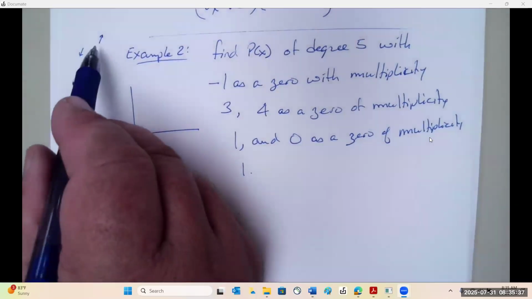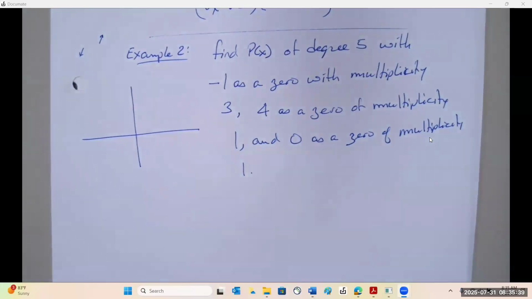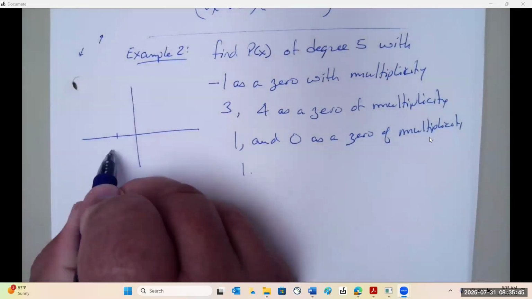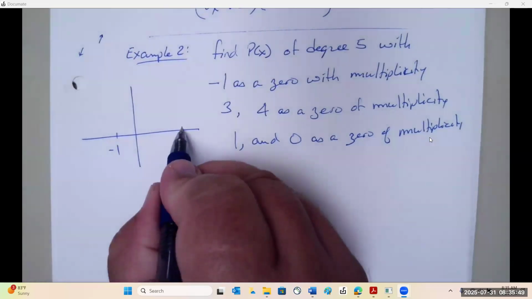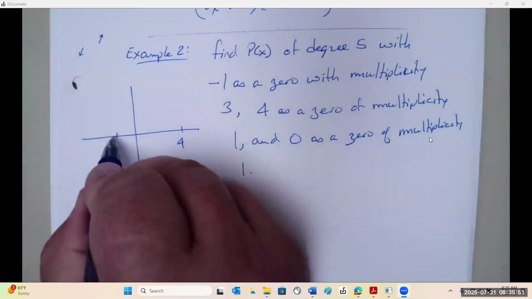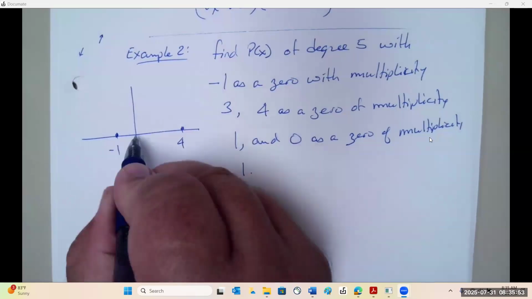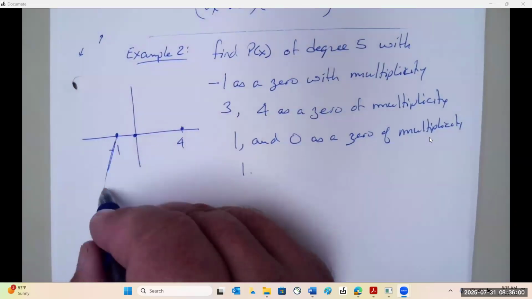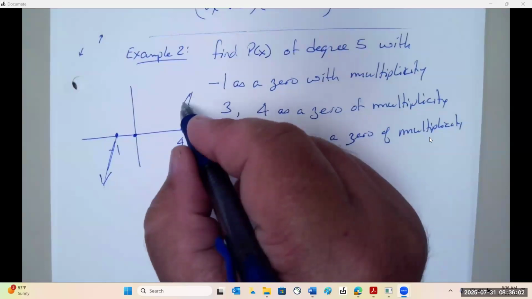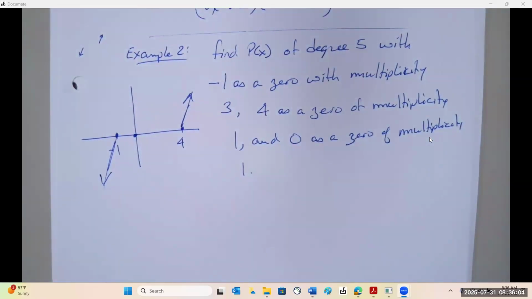So it'll look like this. What are my x-intercepts? Negative 1. What else? 4. What else? And then 0. Those are my x-intercepts. And I know the graph has to look like this at the ends.